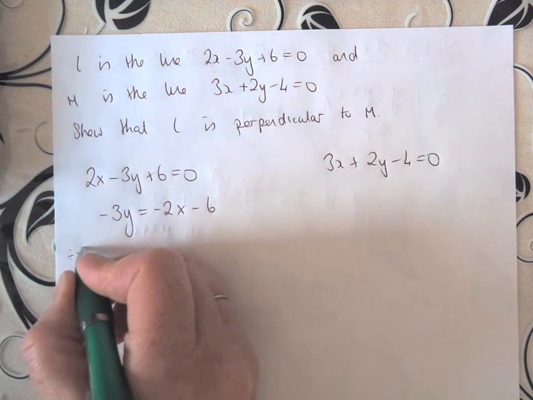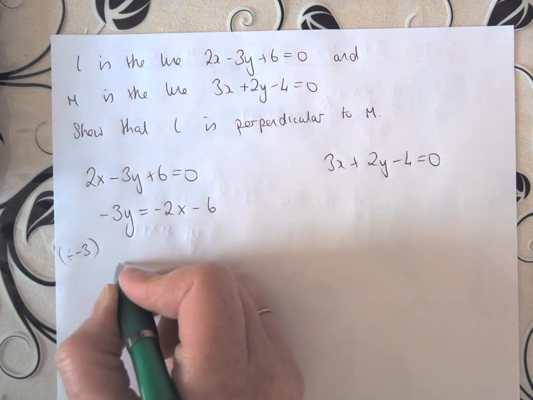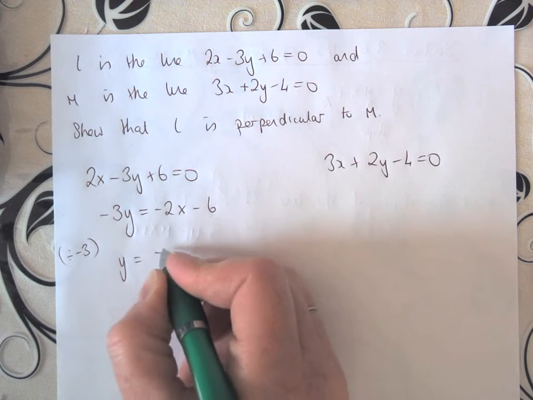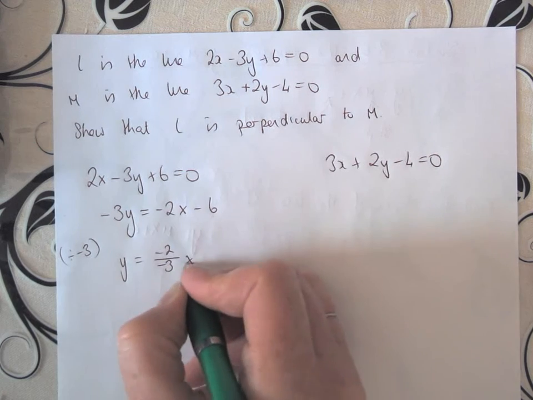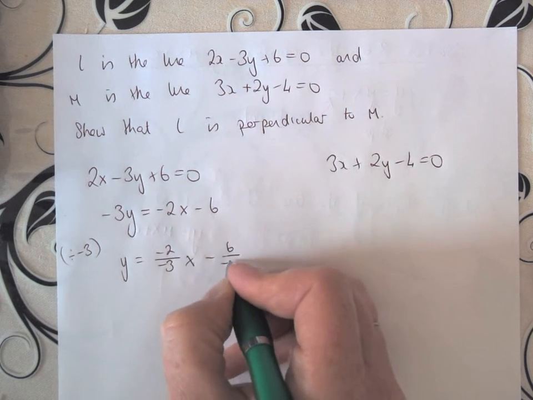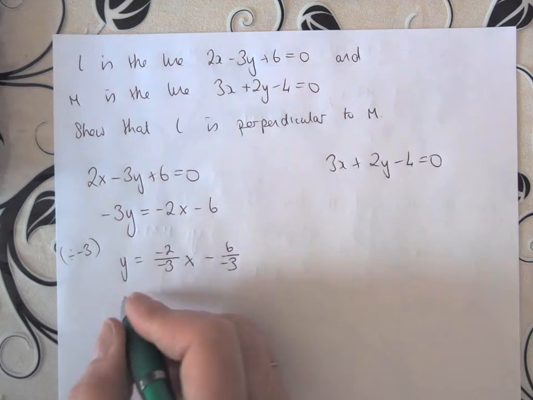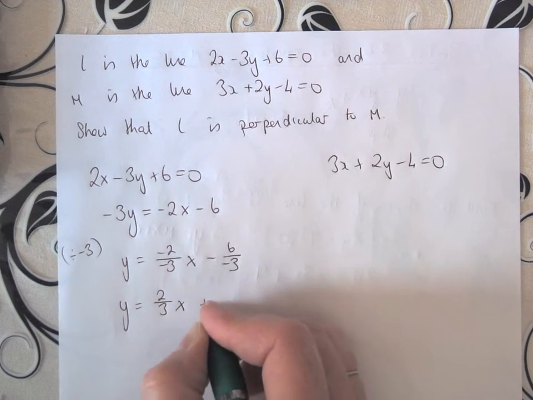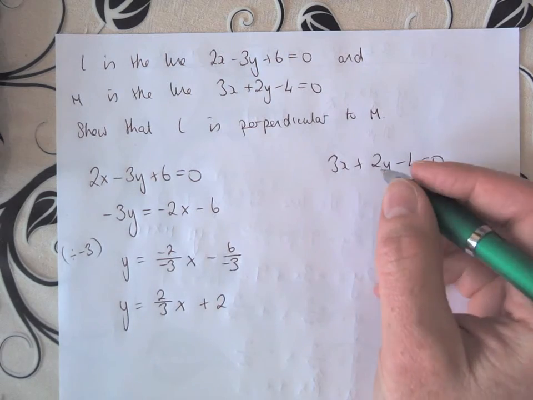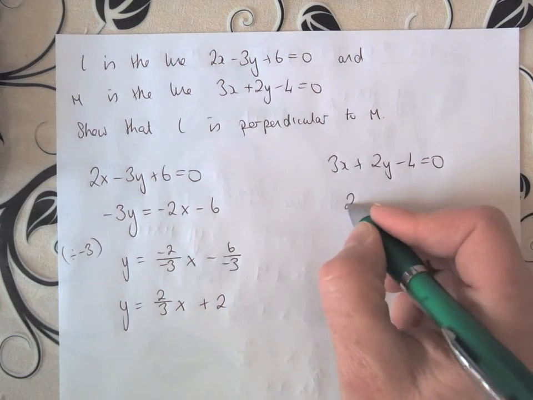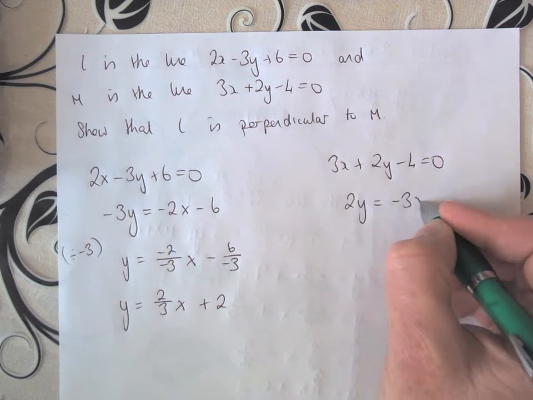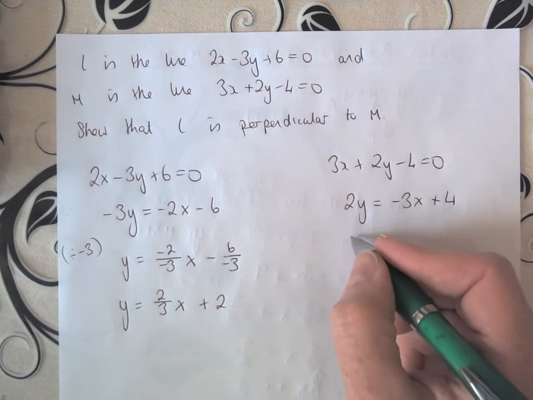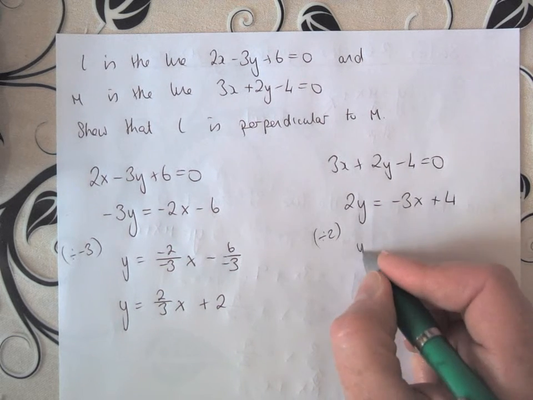And then divide across by whatever number is with the y, so we're dividing across by minus 3. Here again, keep the y on its own, bring over the other things, divide across by whatever's with the y.